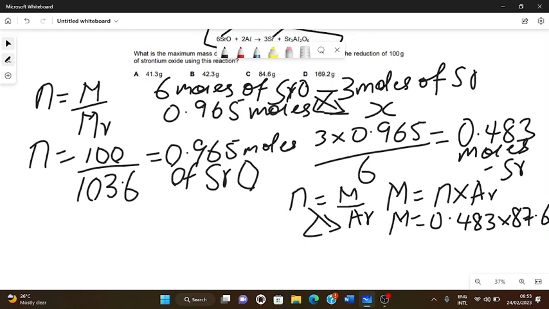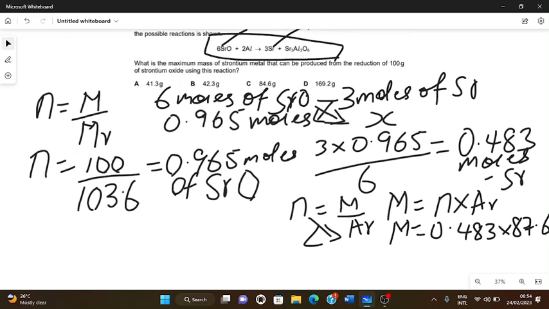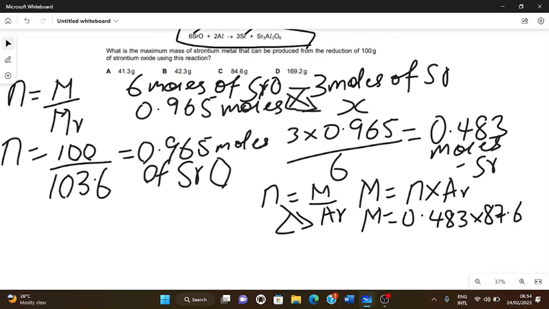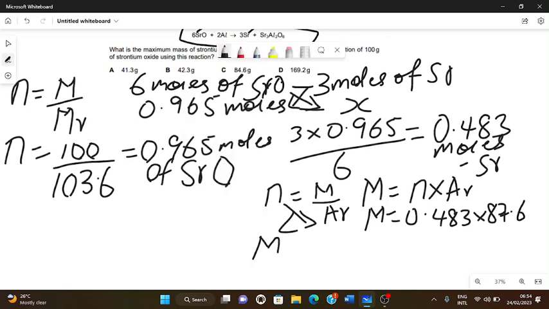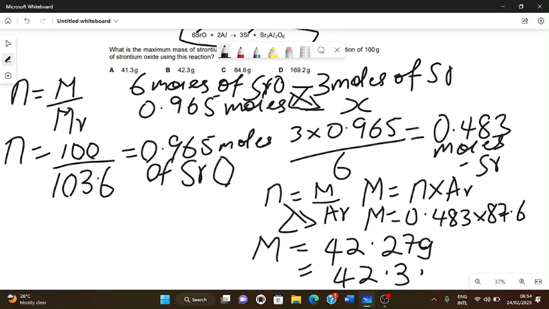So the mass will be equal to, using my calculator, 0.483 multiplied by 87.6. The answer will be 42.27 gram, which is approximately 42.3 gram.